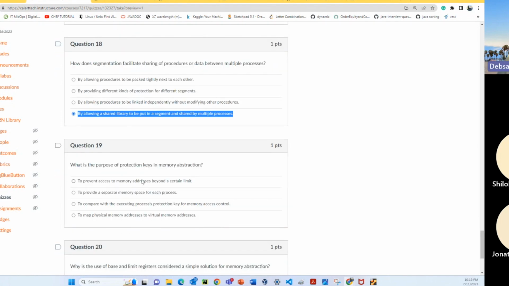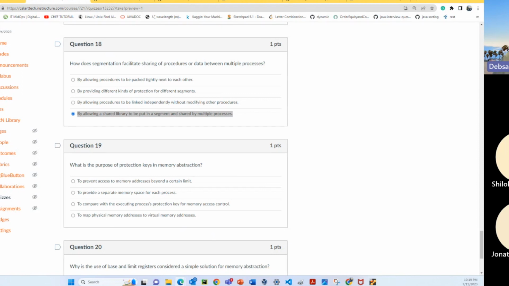Now, what is the purpose of protection keys in memory allocation? So this is important. Protection keys in memory abstraction. So to prevent access to memory addresses beyond, no, not that.